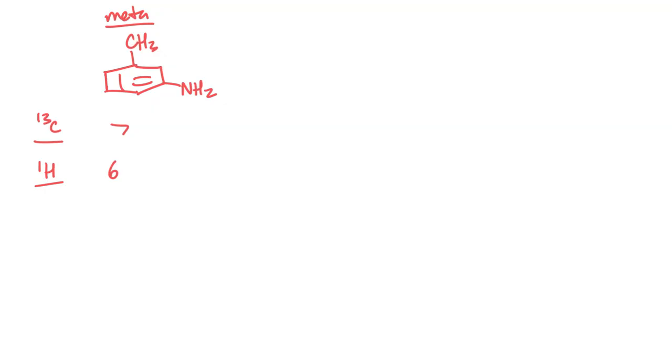So that carbon has 1 carbon neighbor. How many hydrogens are attached to that? None. So that carbon shows 1, 2, 3, 4 bonds, so it has no hydrogens. So the signal is going to be a singlet.